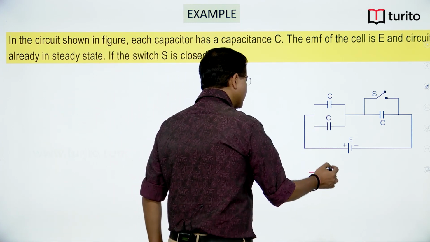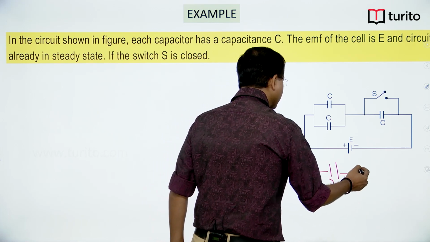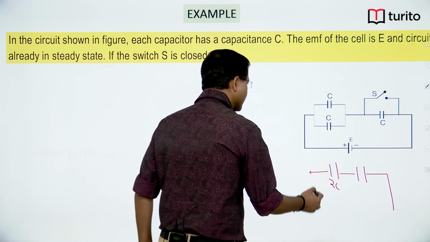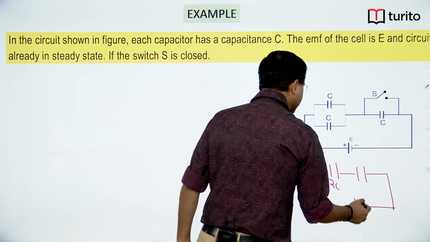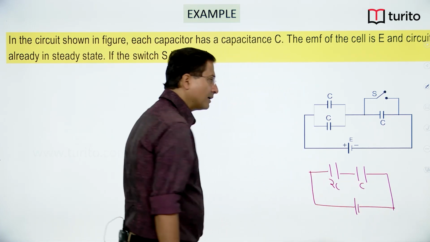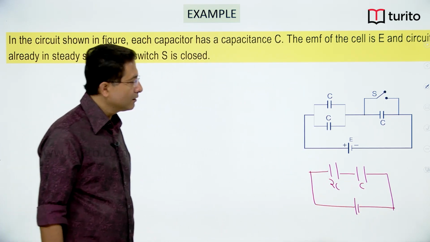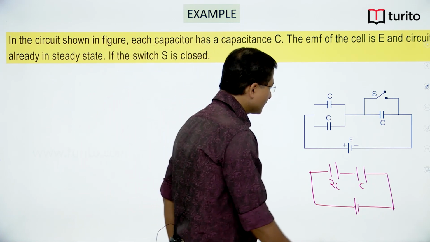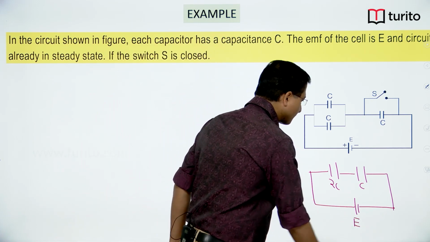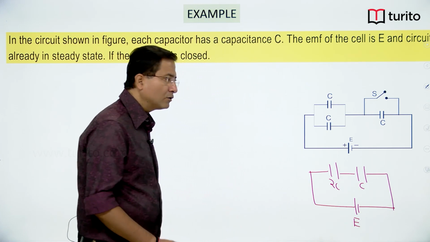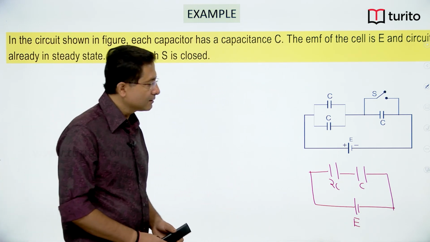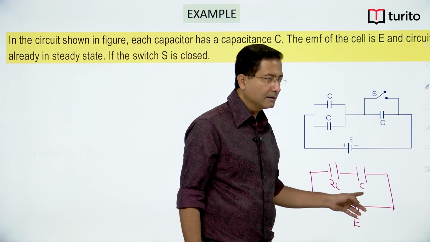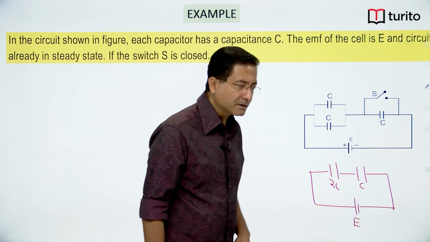So I will try to solve it by a simple method. As I can see that we have 2C here and C here, directly I can tell about the charge if I have an idea about the voltage division. So voltage division: when two capacitors are connected in series, the voltage will be divided inversely proportional to the capacitance.